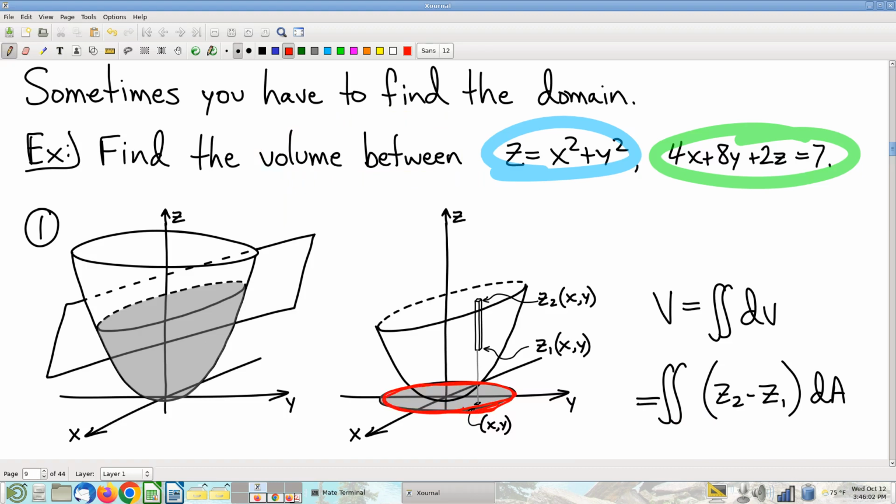That curve corresponds to this curve. That curve is where the green surface and the blue surface intersect.